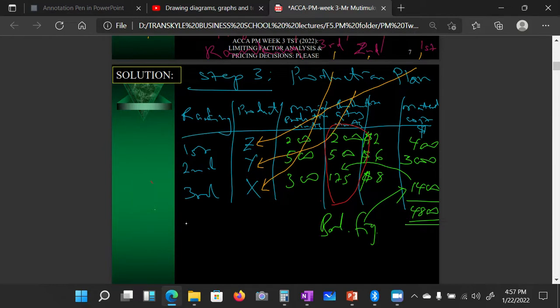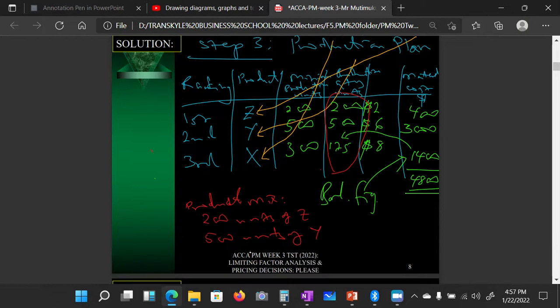We're going to produce 200 units of Z, 500 units of Y, and 175 units of X. That's the product mix.